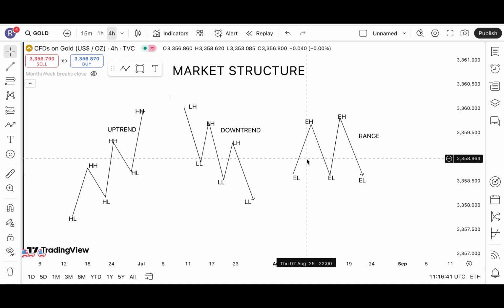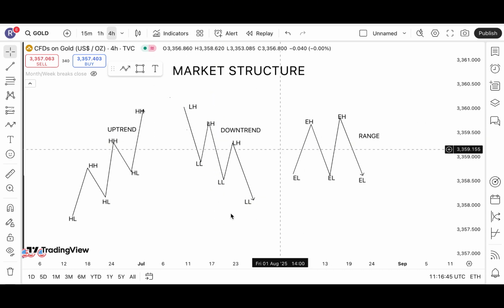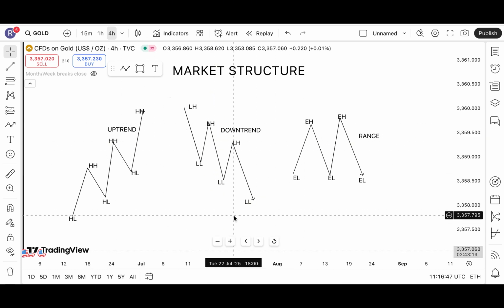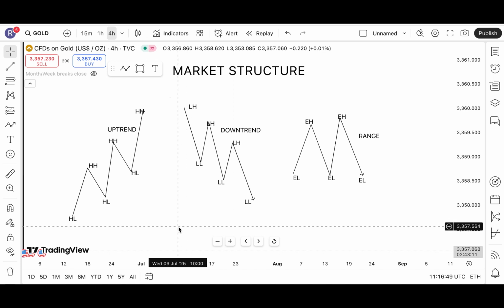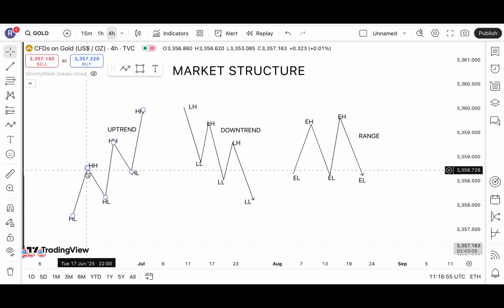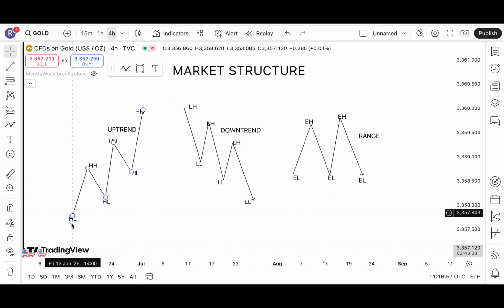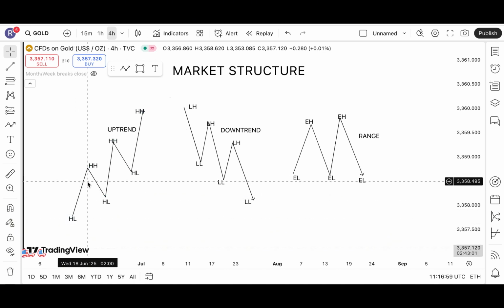So now for the most important question: how exactly do we use these structures when making trade decisions? So the first thing is trend continuation. If you see the market printing structures of higher highs and higher lows, don't trade against that trend.